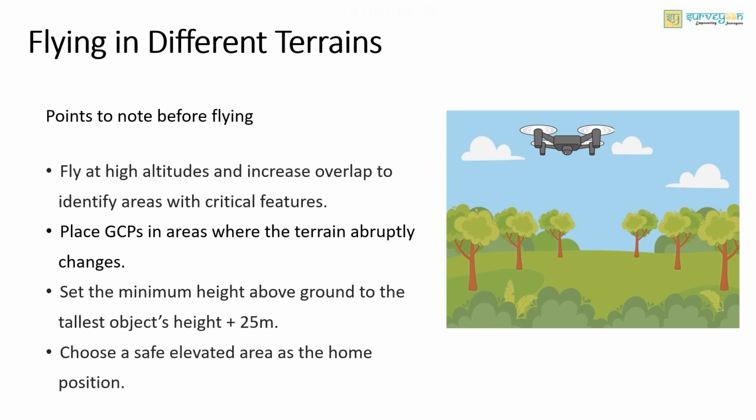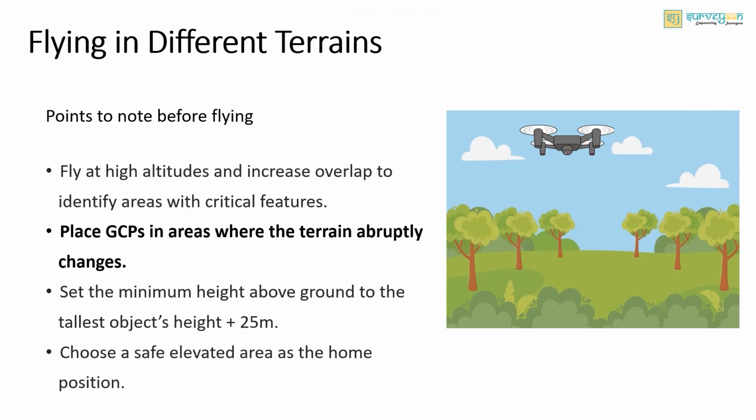The next challenging terrain is where tall trees and dense vegetation are abundant. Drone technology redefines forestry's components and contributes to forest ecosystem improvement and development. The points to be noted before flying on these terrains are: you need to fly the drone at a higher altitude to ensure you have a clear line of sight.